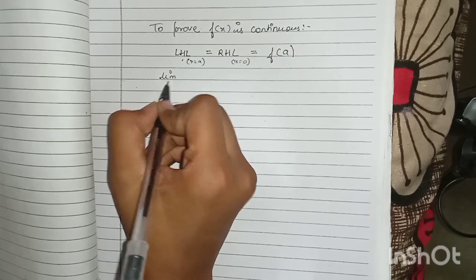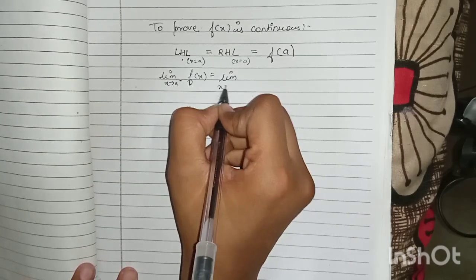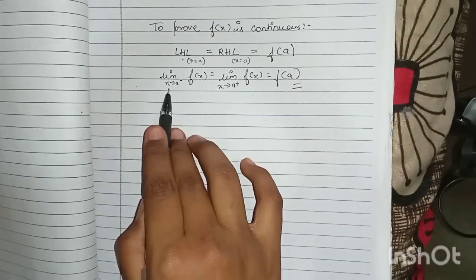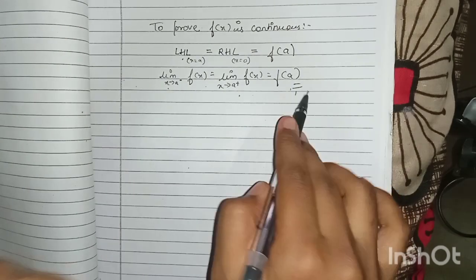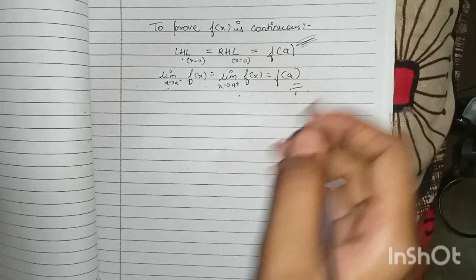So here we will apply limit x tending to a minus f of x should be equal to limit x tending to a plus f of x is equal to f of a. One by one we will put the value of x in LHL and RHL and directly in f of a. So this is how we need to prove whether a function is continuous or not.